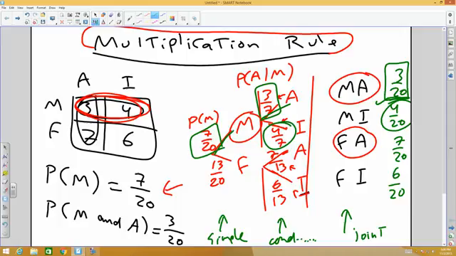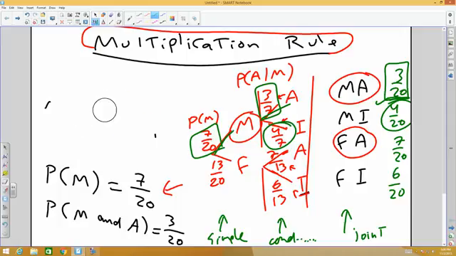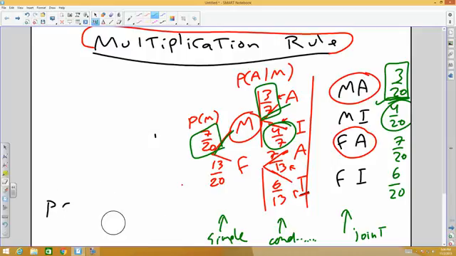So let's write this discovery with a formula. Let's take the example that we just found.